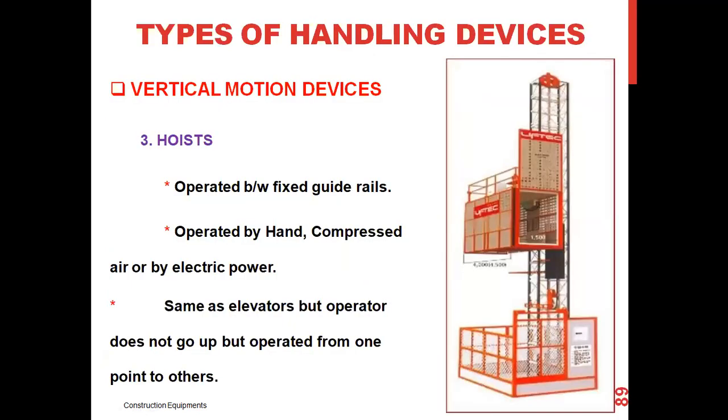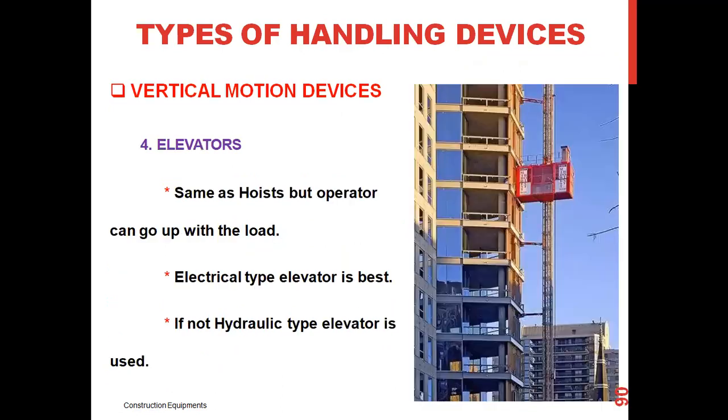And the vertical motion devices, the hoists, are operated between fixed guide rails, by hand, compressed air or electric power. They are the same as elevators, but the operator does not go up; it is operated from one point to another. Elevators are the same, but the operator can go up with the load.